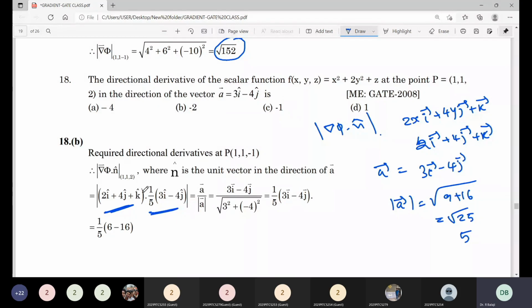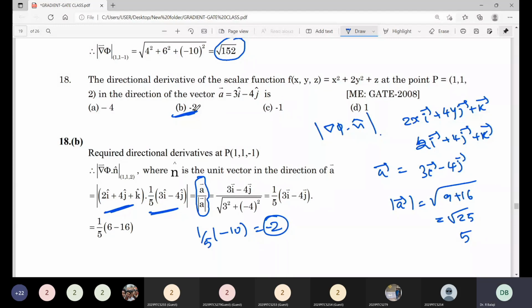Therefore, 1 by 5 into (2 into 3 is 6, minus 4 into 4 is 16), by doing the dot product. 6 minus 16 is 1 by 5 into -10, which is equal to -2. Option B is the correct answer.